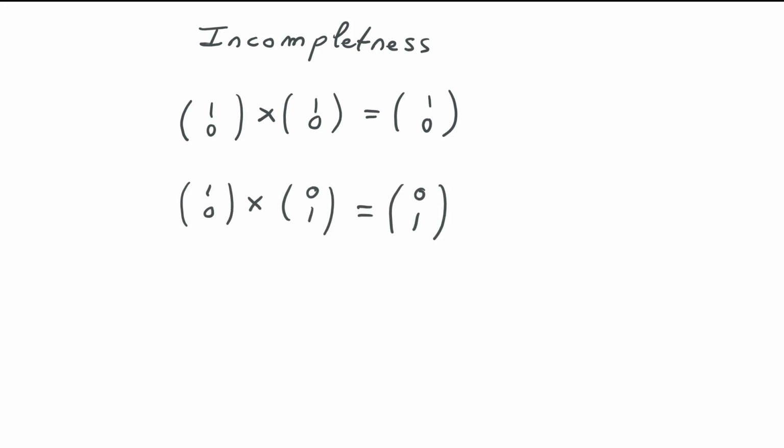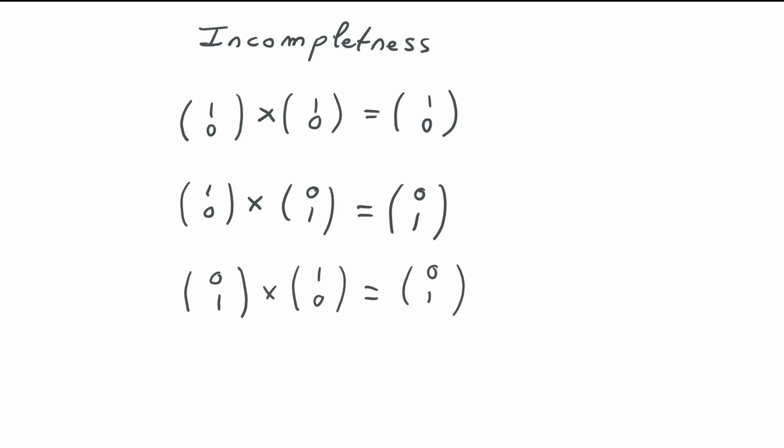So in the same way, for the same argument, if I have 1, 0 times 0, 1, I obtain 0, 1. Okay, it's the identity. Now I can also do 0, 1 times 1, 0. And for this, I can invoke the commutativity of the product, and it will give me exactly the result which I have just written before.